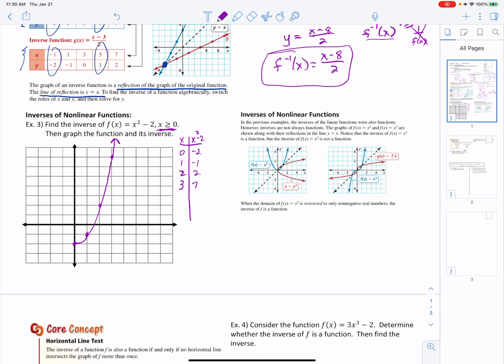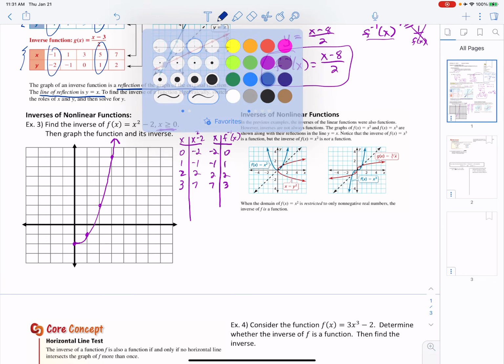Then if I do the inverse of this, the x and y values are going to change. So I'm going to have negative 2, 0; negative 1, 1; 2, 2; and 7, 3. Those are going to be ordered pairs on the inverse.